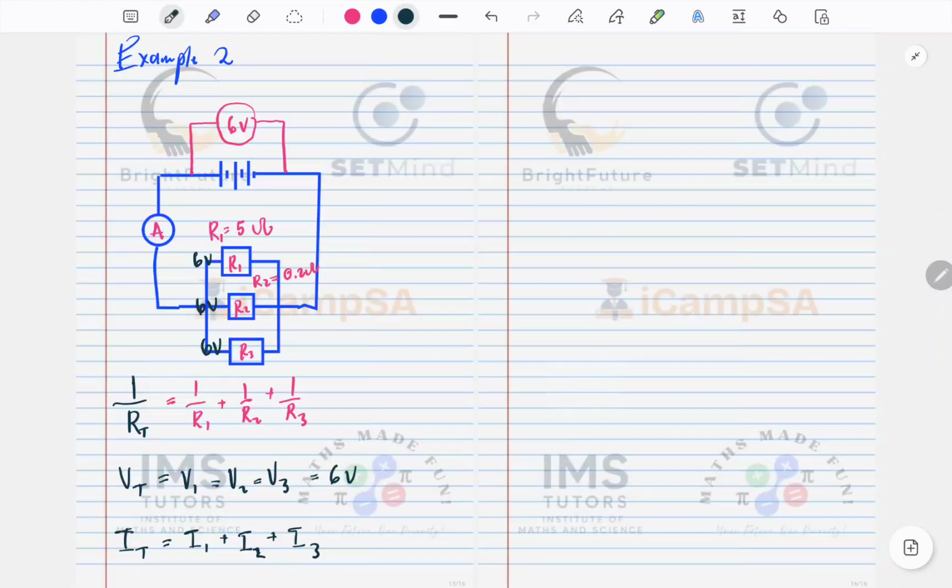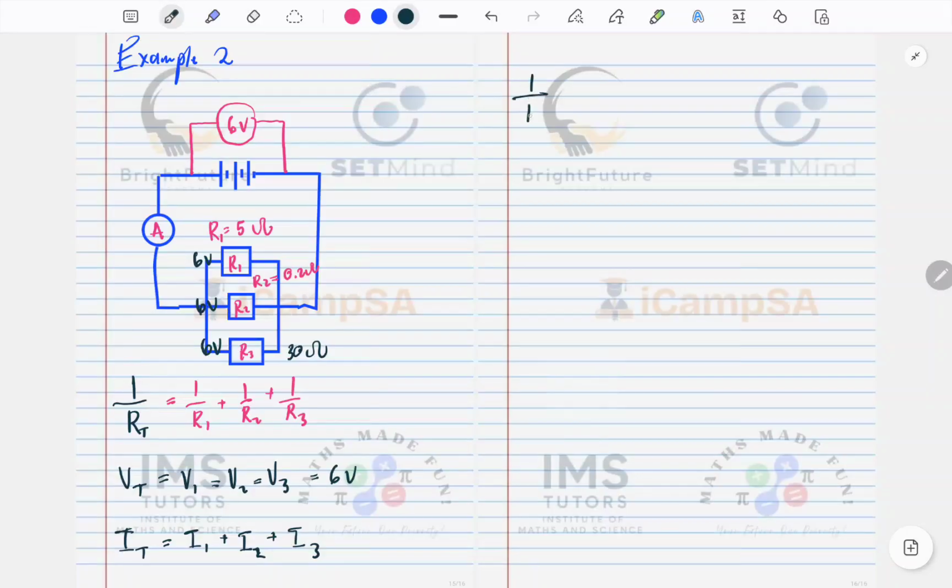Okay, so in this case we have 2 unknowns, which makes it impossible for us to work. So let's name this as 30 ohms. Then we can work with it, because otherwise you won't have I or R, so you won't be able to calculate the things you're looking for.